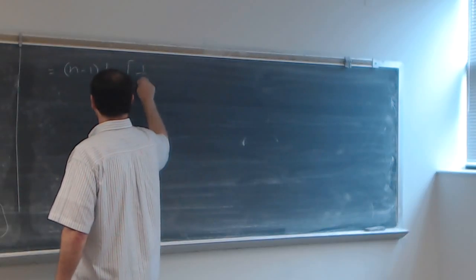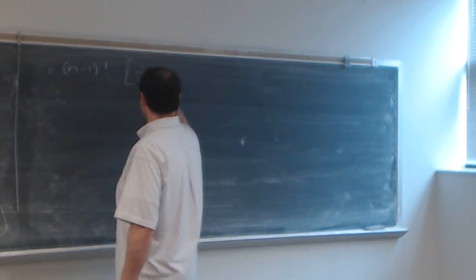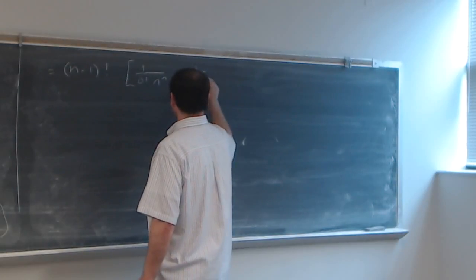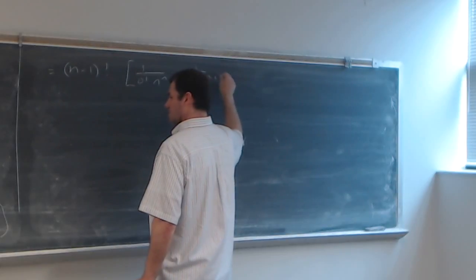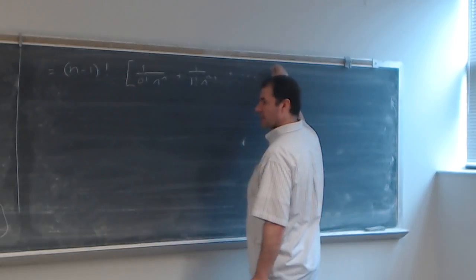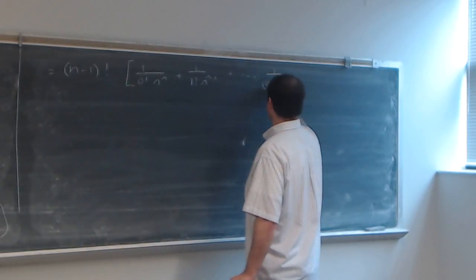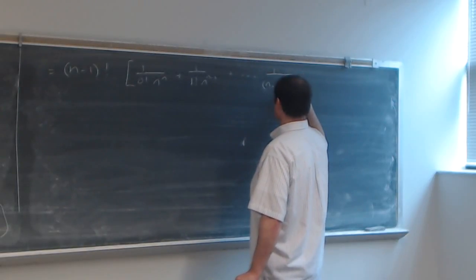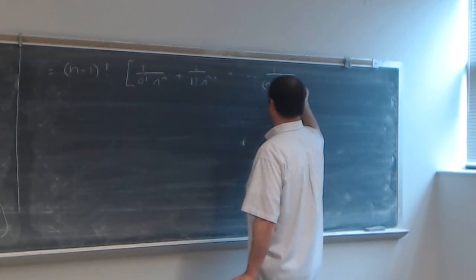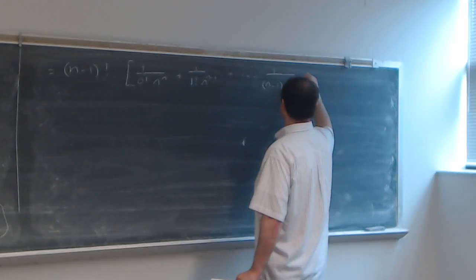Here it will be 1 over 0 factorial n to the n, plus 1 over 1 factorial n to the n minus 1, plus, and the last term we rewrote was 1 over n minus 1 factorial, times n.